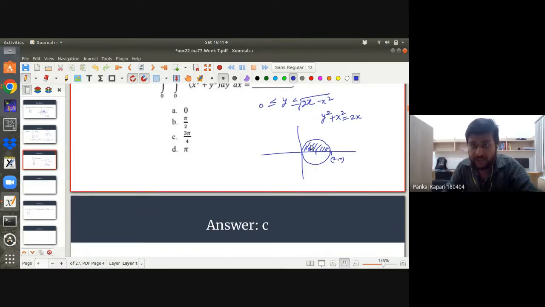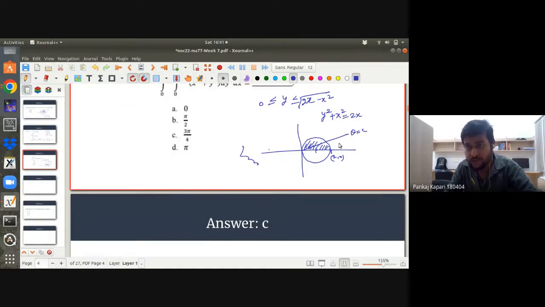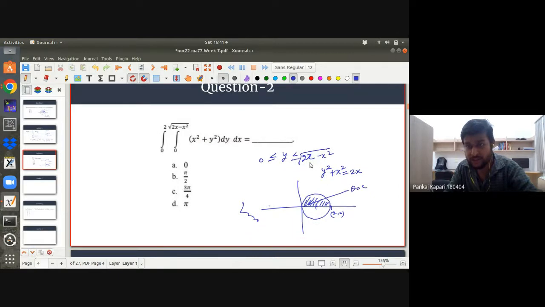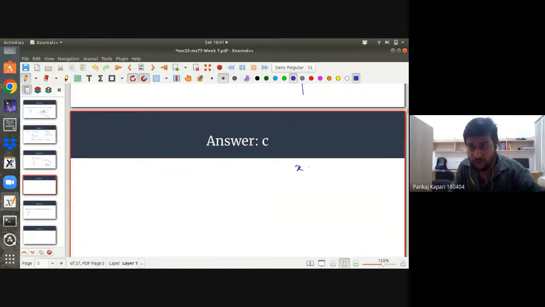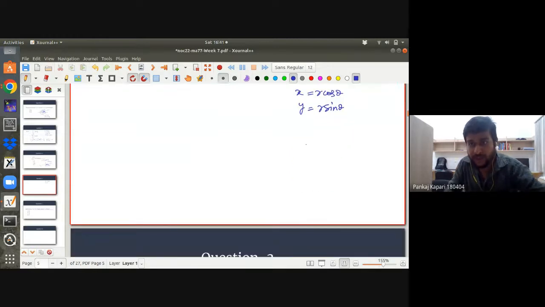And if you change this integral now, let's put theta equal to constant, and then we can see that r varies from 0 to, let's convert this equation of the circle into polar coordinates. For polar coordinates we put x equal to r cos theta and y equal to r sine theta, and our circle has equation x square plus y square equal to 2x.